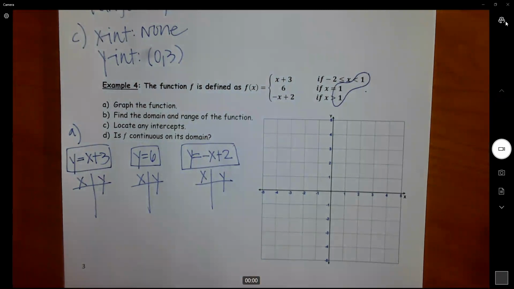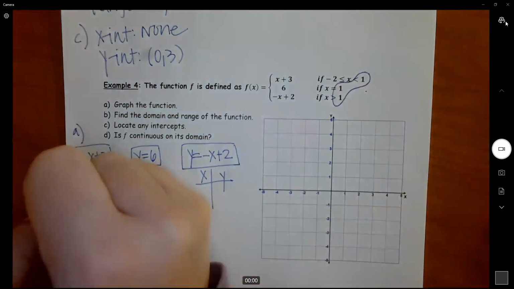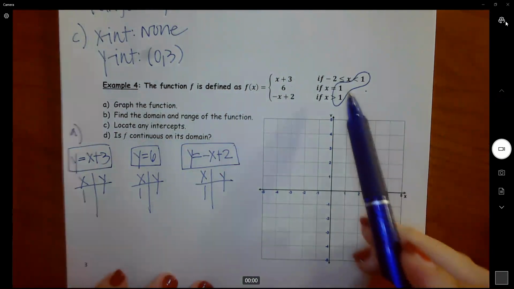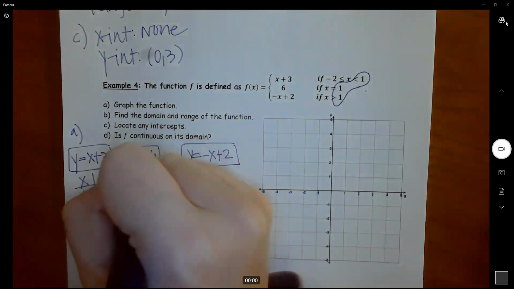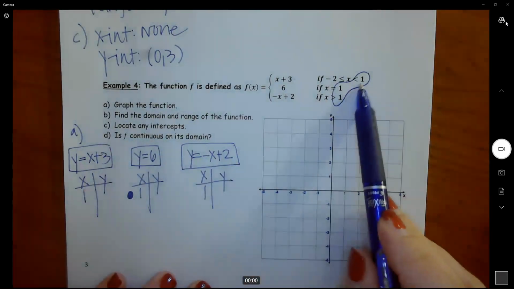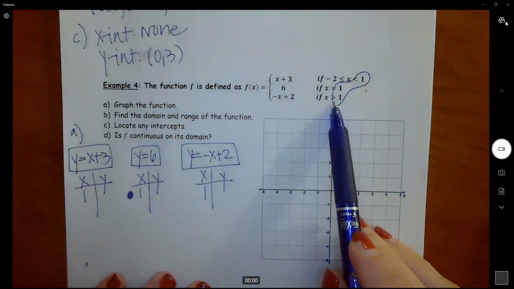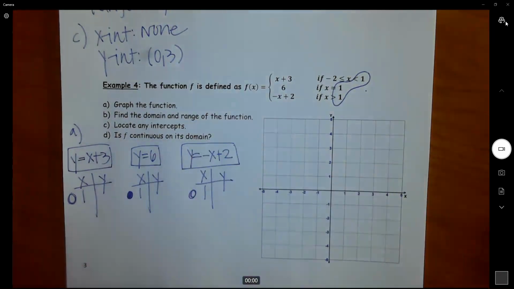This is where it is breaking and it's jumping from the first one to the second to the third. So all of these here need that common point of 1. This middle one here is going to get your closed circle, because that's when x equals 1. It does not equal 1 in the first one, it's less than 1. And it does not equal 1 in the third one, it's greater than 1. So these two need open circles.